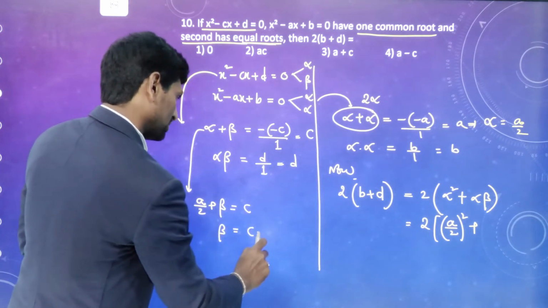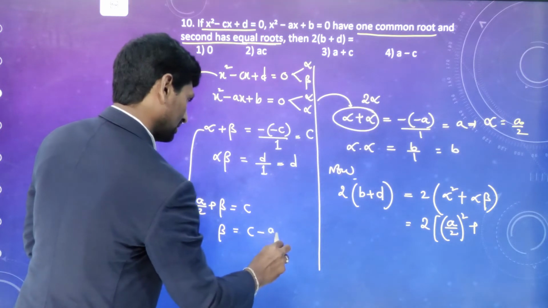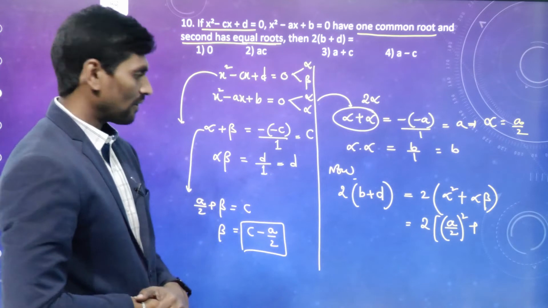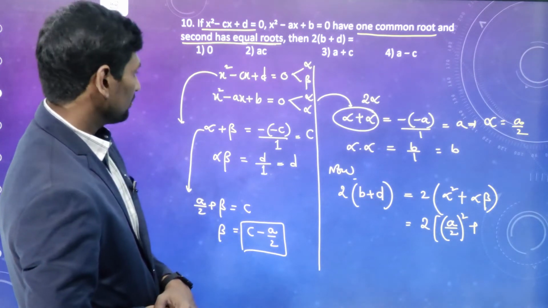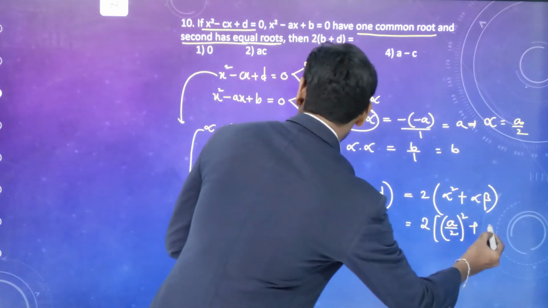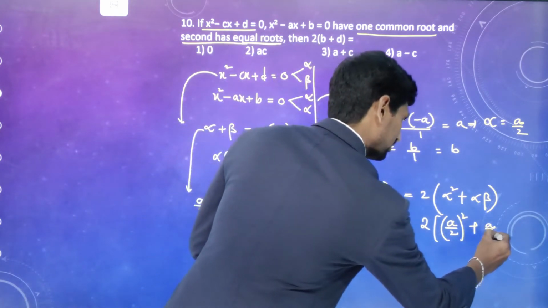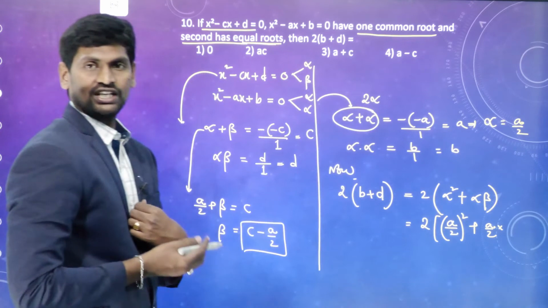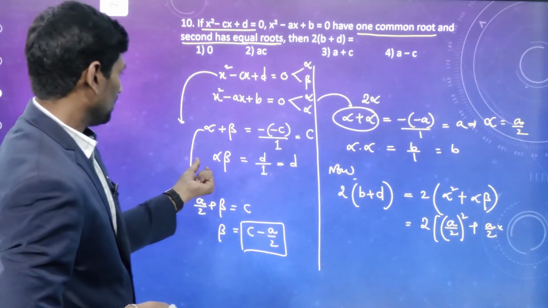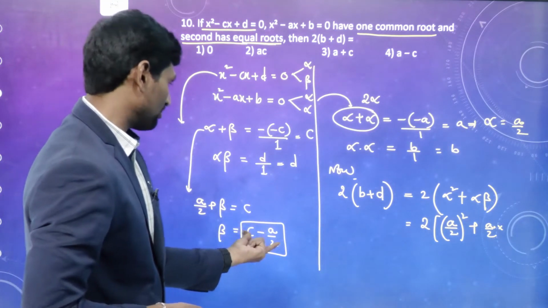Beta is equal to c minus a by 2. In the place of beta, you should substitute this one. Alpha into beta. Okay, that means alpha value is a by 2 into beta value is c minus a by 2.